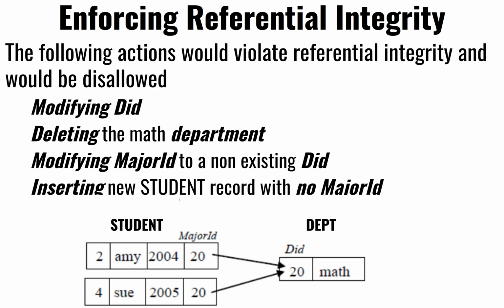Now there are other constraints, for instance, if I'm removing a record from here, or if I'm removing a record from there, how should that be interpreted?